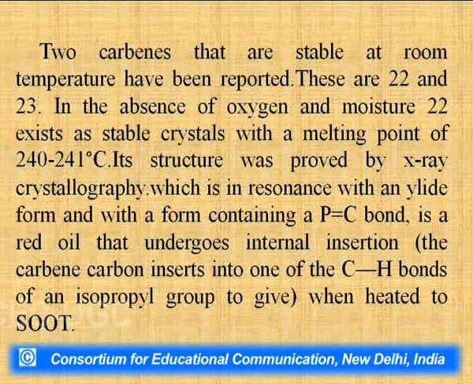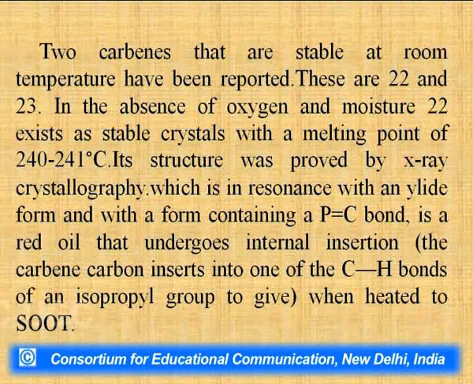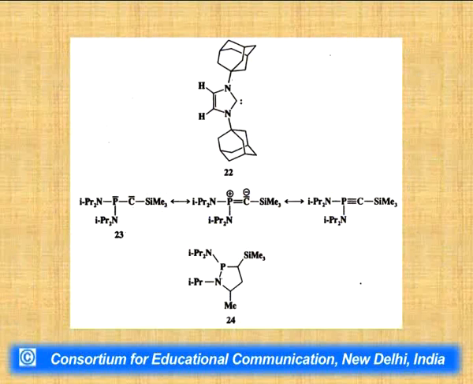Two carbenes that are stable at room temperature have been reported. These are 22 and 23. In the absence of oxygen and moisture, 22 exists as stable crystals with a melting point of 240 to 241 degrees Celsius. Its structure was proved by X-ray crystallography, which is in resonance with a halide form and a form containing a P-C double bond.